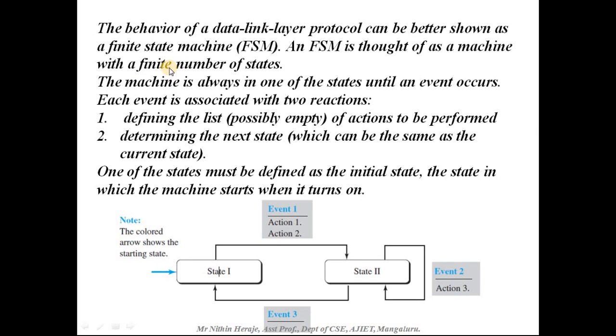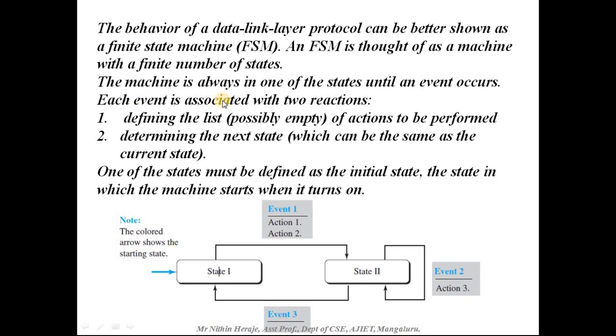Okay, so we'll see what the simple protocol is. The behavior of the data link layer protocol can be better shown as a finite state machine, which we just term FSM. An FSM is thought of as a machine with a finite number of states. The machine is always in one of the states until an event occurs.